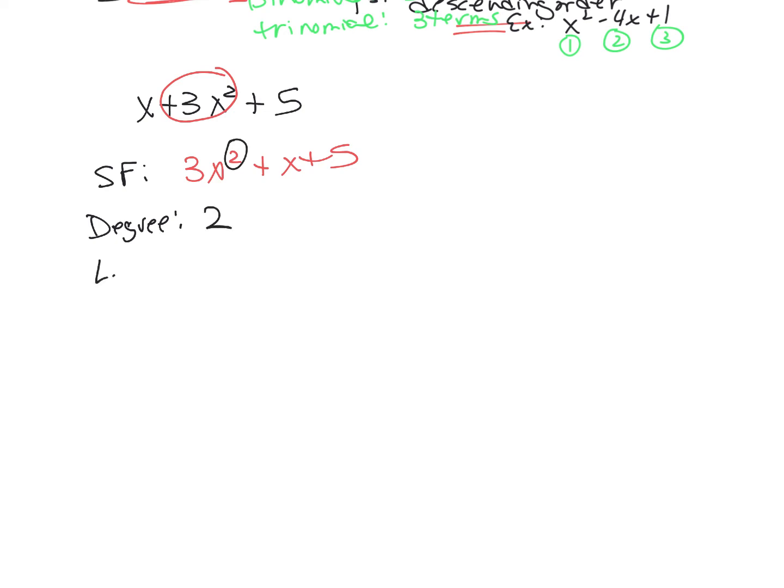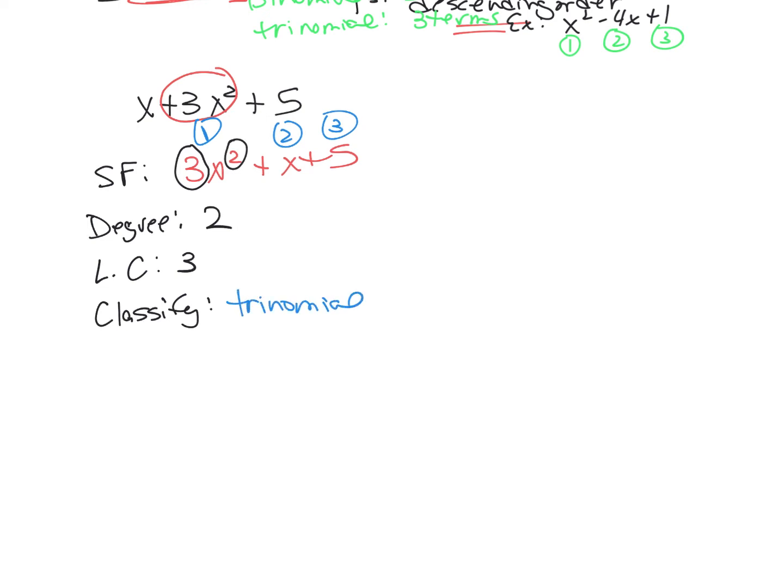Then we want the leading coefficient. The leading coefficient is 3. And then we want you to classify. So classify, is it a monomial, binomial, or trinomial? Well, 1, 2, 3. So it is a trinomial.